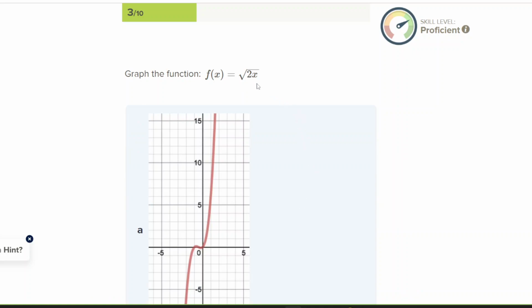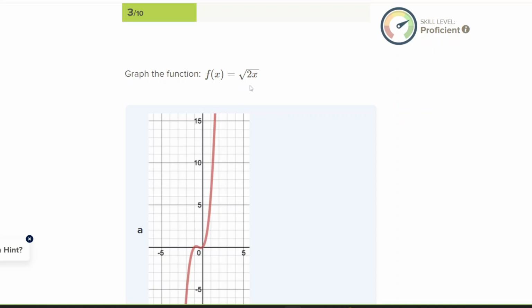Just like any other xy equation, if this was an equation with x's and y's in it, we're plugging in values for x, getting values of f, which could also be called y, inputs and outputs, plotting points, pairs of inputs and outputs, and then after enough of them, hopefully you see a pattern forming.